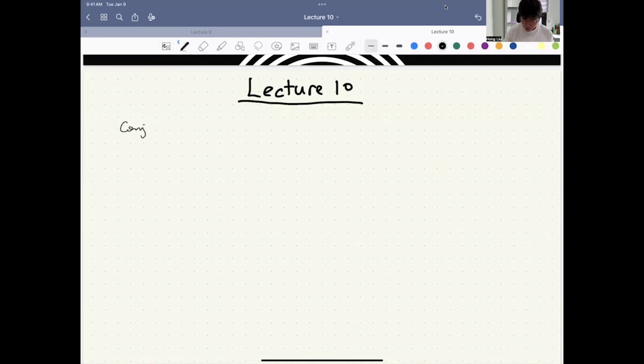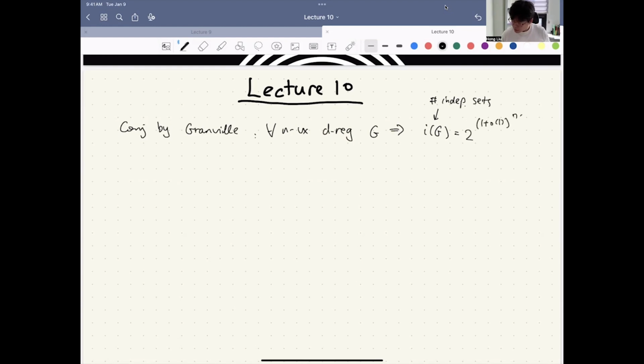The conjecture is that for every n-vertex d-regular graph G, the number of independent sets in such a regular graph, I use I(G) for the number of independent sets, is at most 2 to the (1 plus little o(1)) times n over 2. No more than this quantity.